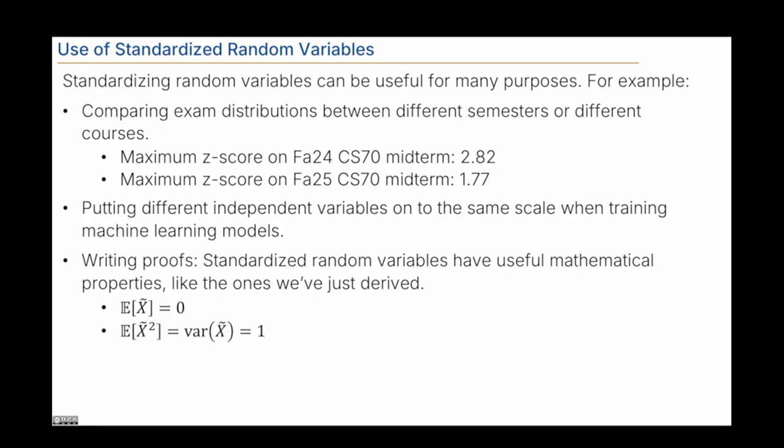Okay. Now, I should note that this idea of standardizing random variables can be useful for a lot of purposes. One is exam distribution. So I took the exam distribution from fall 24, and I said, what's the maximum z-score that happens? So I basically took that random variable, and I mapped it into a standardized version. Then I took the max, and it was 2.82 versus 1.77.